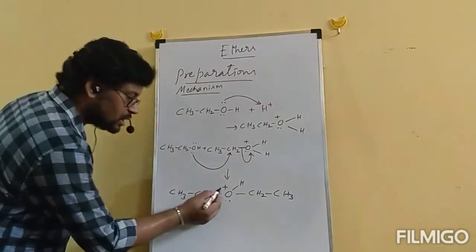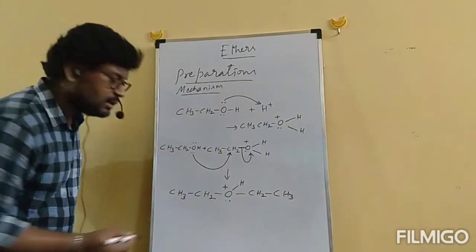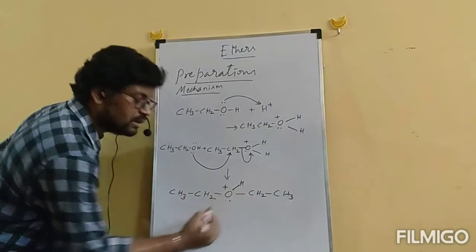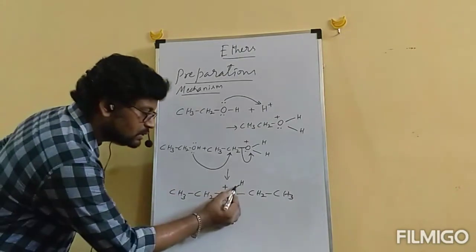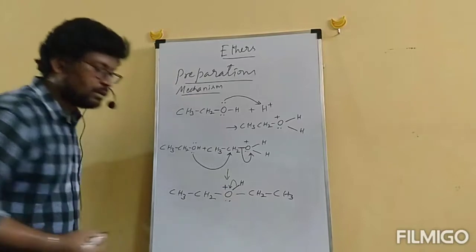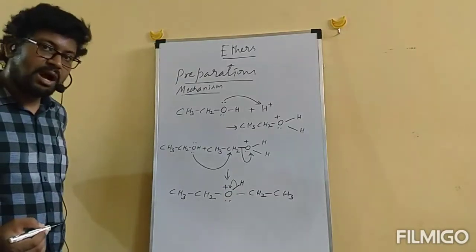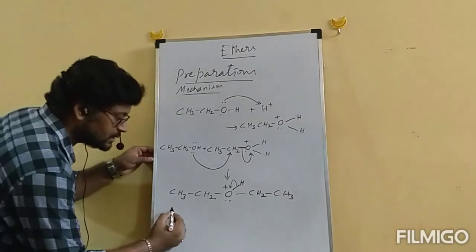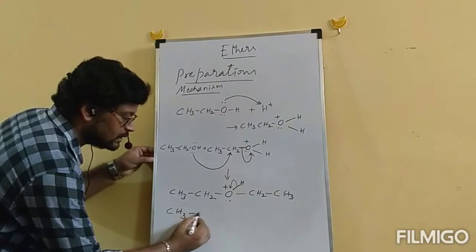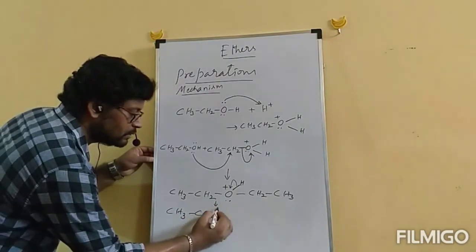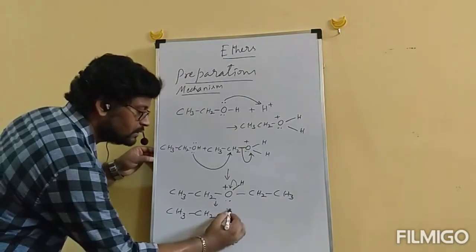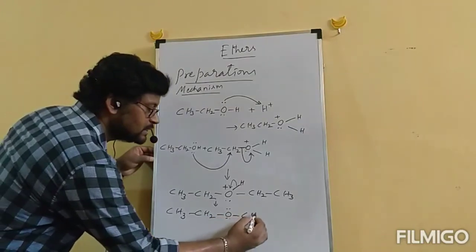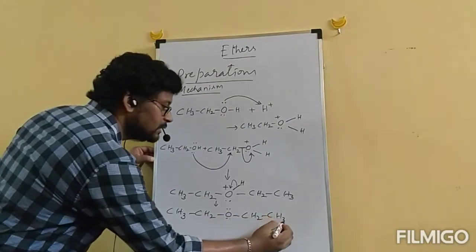Okay, now oxygen with positive charge is not at all stable, in which this OH bond will be cleaved towards oxygen side. Finally, you will get the substance CH3CH2O with two lone pairs of electrons, CH2CH3.